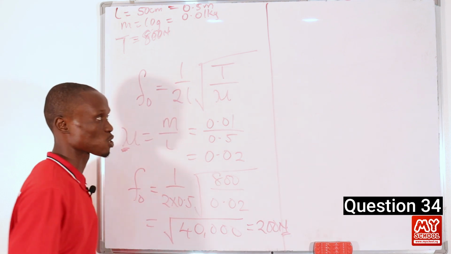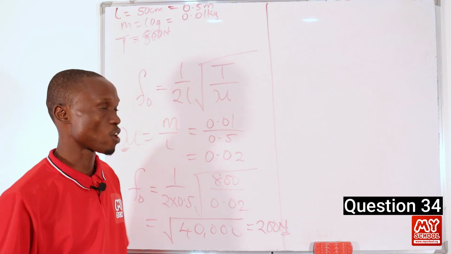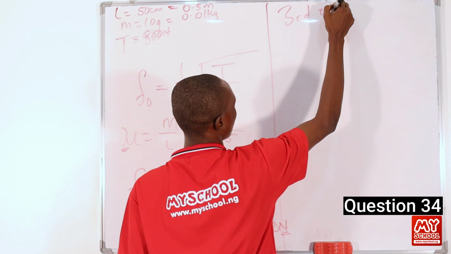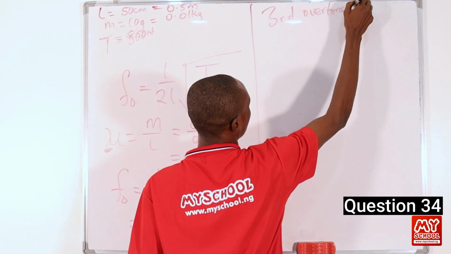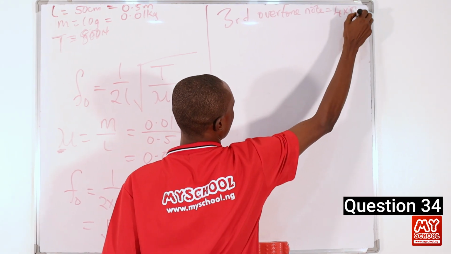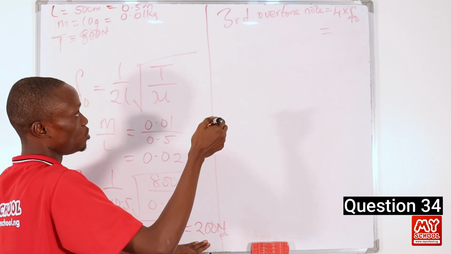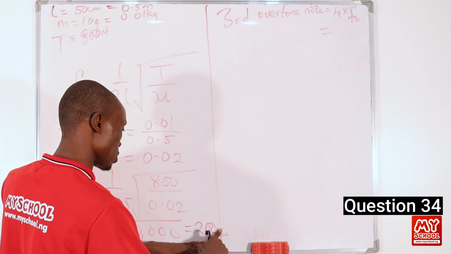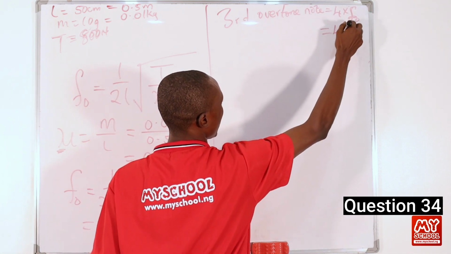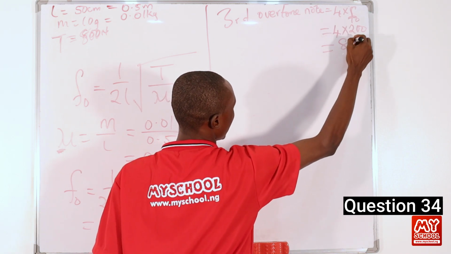In the question we are asked to calculate the frequency of the wire when it sounds its third overtone. The third overtone is equal to 4 times the fundamental frequency. Since the fundamental frequency is 200 hertz, we simply substitute: 4 times 200.